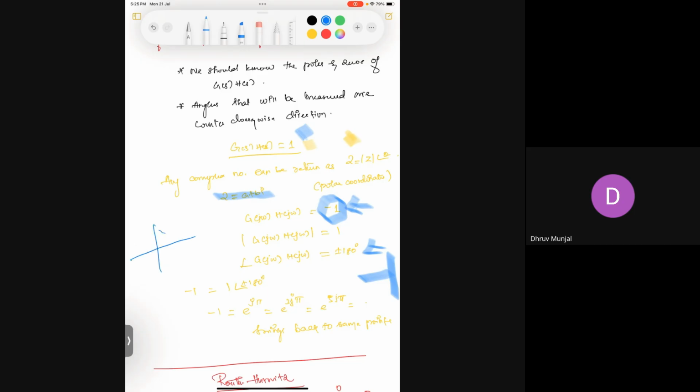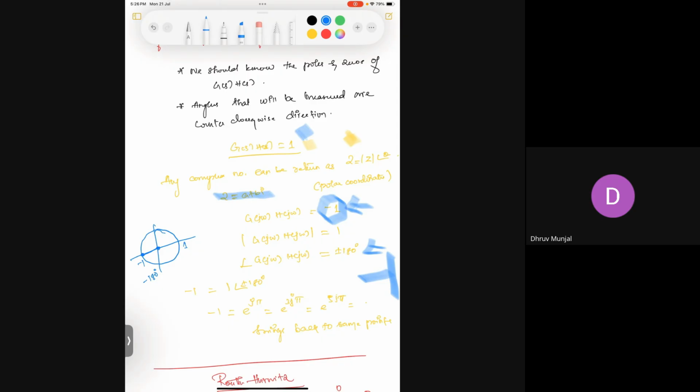So in a polar coordinate, this will be your minus 1. For example, I'm considering the unit circle. Whenever you want to end up at minus 1, you take the minus 180 degree direction from the origin, right? To end up at the value minus 1 on the unit circle.